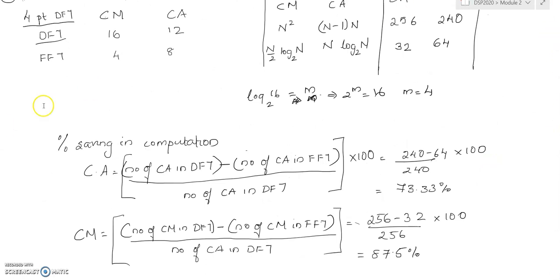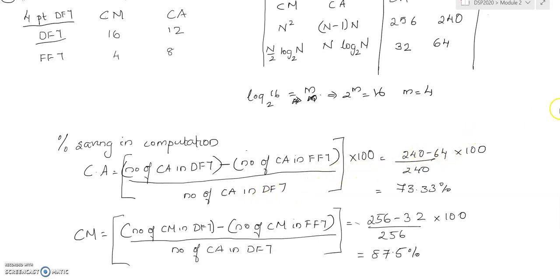The last topic in this section is the percentage of saving in computation. We have to see what kind of savings happen when we compare DFT with FFT in terms of the number of operations, for both complex addition and complex multiplication. We use the formula: number of CA in DFT minus number of CA in FFT, whole divided by number of CA in DFT, into 100.